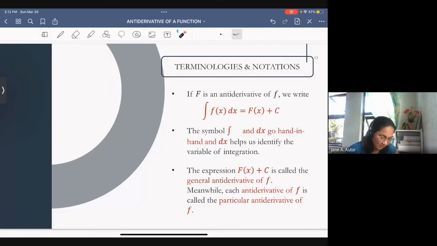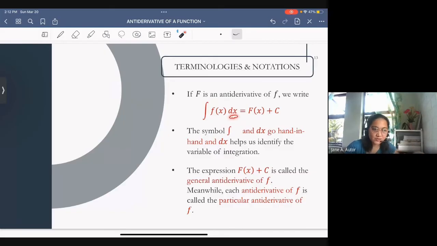So let's say, for example, we have the integral of f of x dx. So we are dealing with the antiderivative of f with respect to x. Whatever the variable is here, that is our variable of integration.